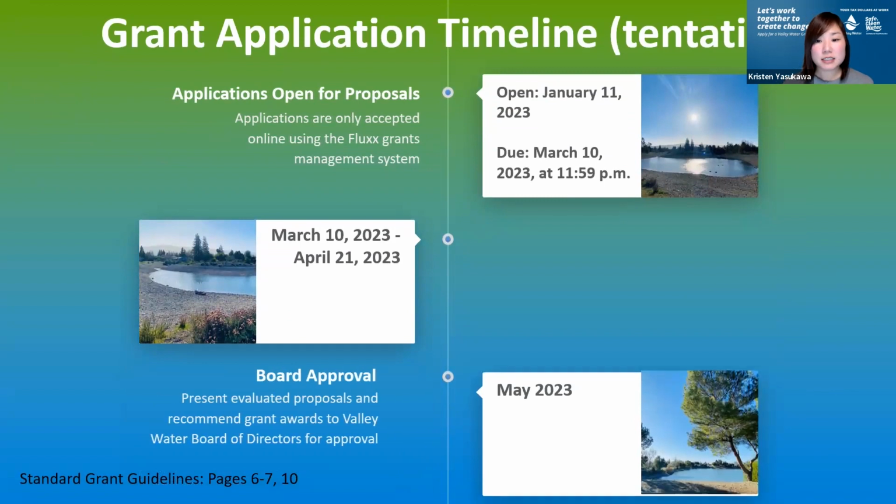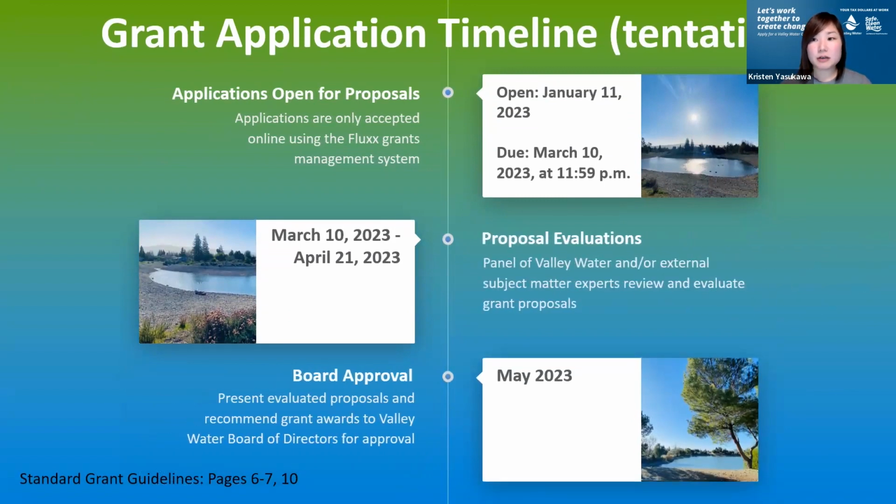Okay, so this is just a high-level overview of what our process is. I know we're already in January or now February 2023, but it does take a while for us to get through our process. We did open our standard grant on January 11th.